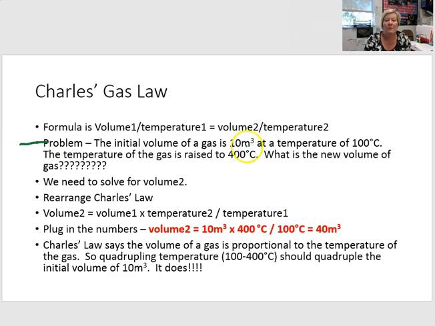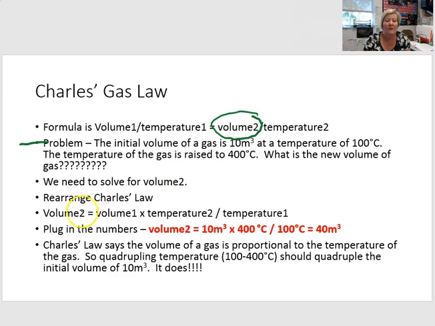The initial volume of a gas, V1, is equal to 10 cubic meters. Cubic meters is the unit for volume. And the initial temperature is 100 degrees Celsius. And then the temperature of the gas goes up 4 times to 400 degrees Celsius. What's the new volume? So we're solving for volume 2. So let's rearrange the equation.